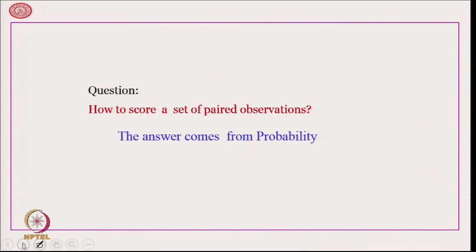But the main question is still there, how to score a set of paired observations? We understood what is going to be for perfect concordance or perfect discordance, but how to score in between? This answer comes from probability.